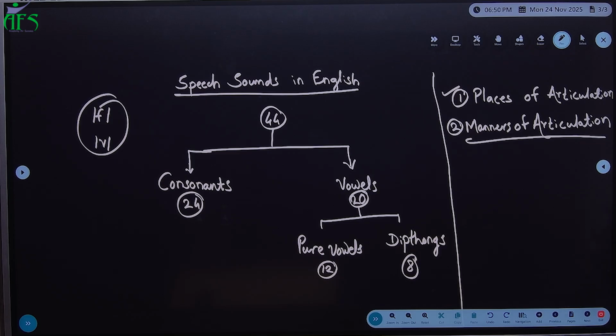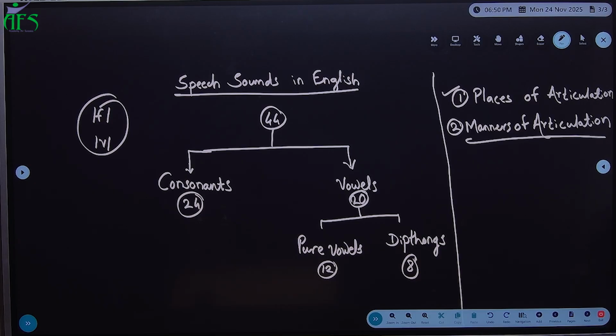After the fricatives comes affricate. The sounds which are articulated by the combination of plosive and fricative are called affricates, right?